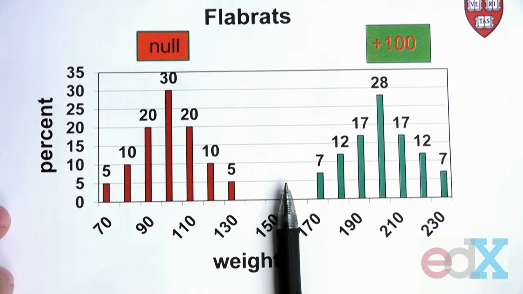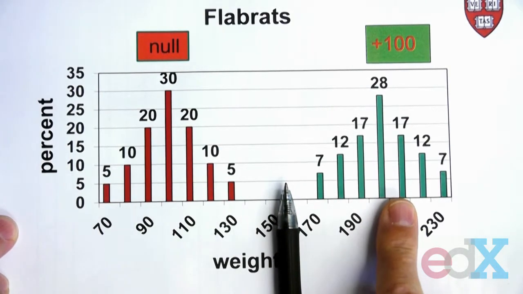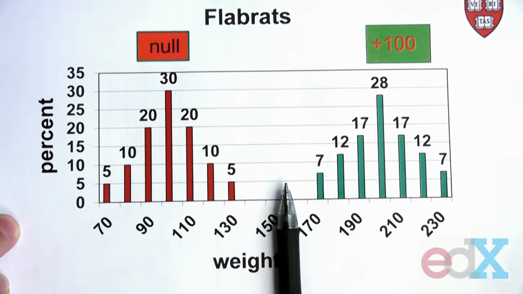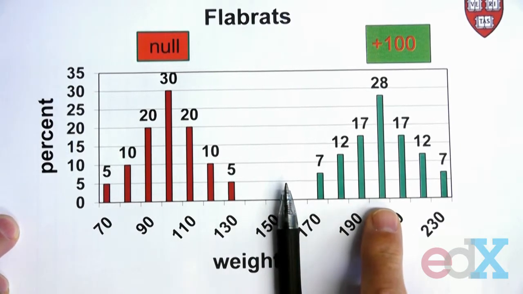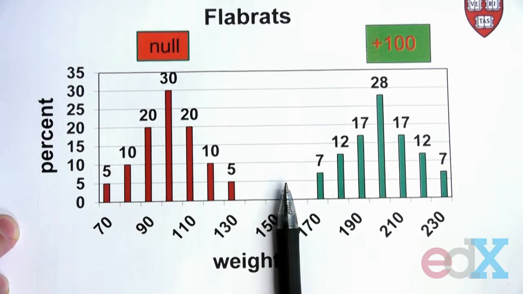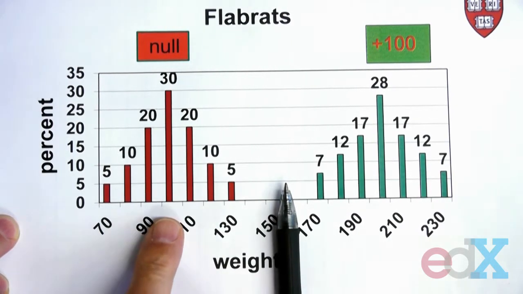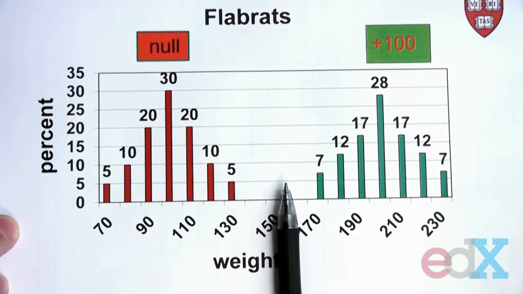You might say, all right, if its weight lies to the right of the pen, then I will classify it as the plus 100. Why? Well, because all those on the plus 100 diet lie to the right of the pen. If, on the other hand, the FLABRAT weighs something to the left of the pen, then you would classify it as the null. Why? Because everybody in the null lies to the left of the pen.